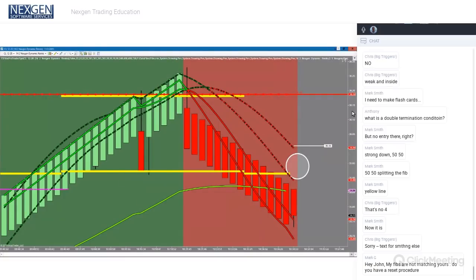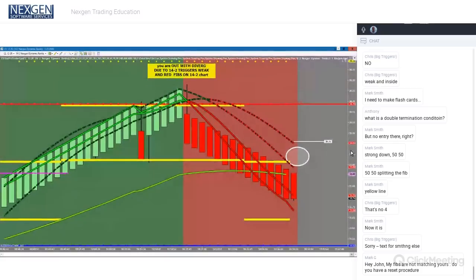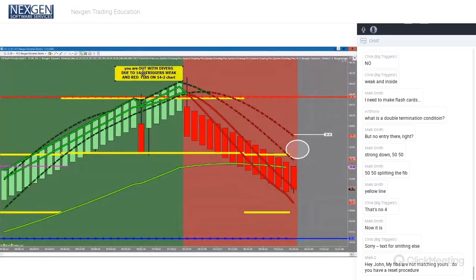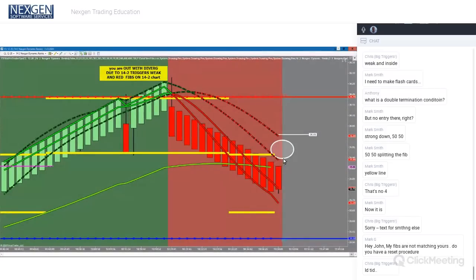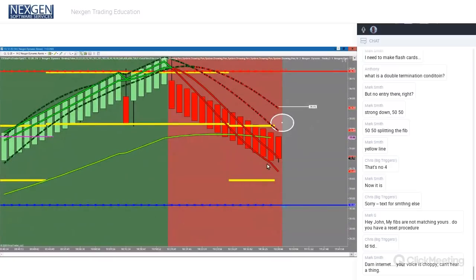That almost sounded profound, didn't it? Right? I think you could. It's not what color the fib is, it's where the triggers are located and how strong they are. That's the only determining factor.